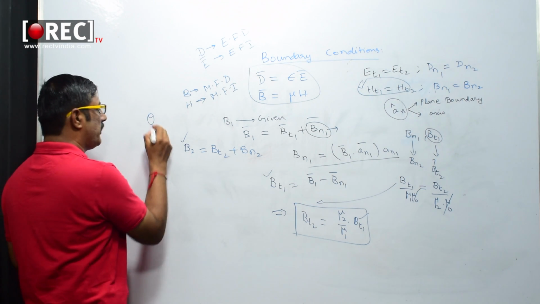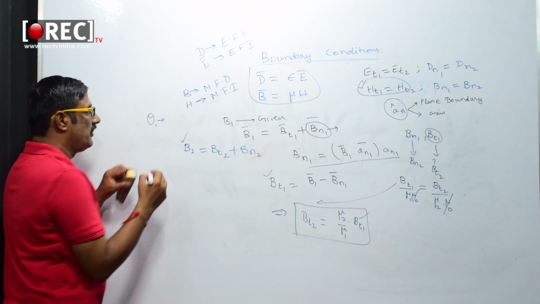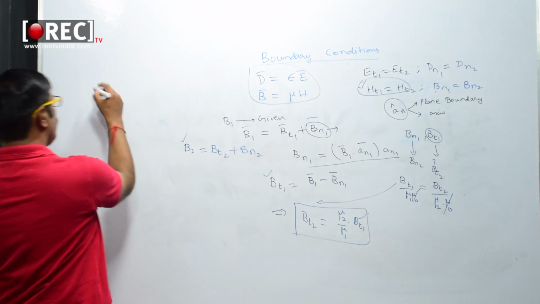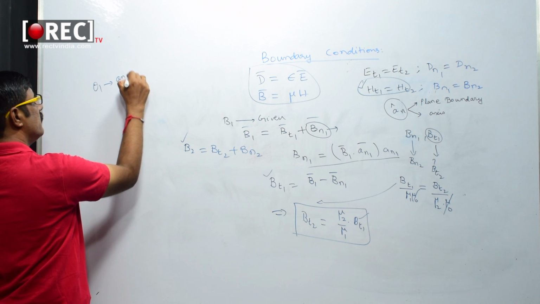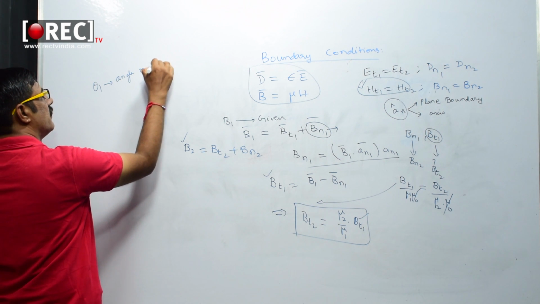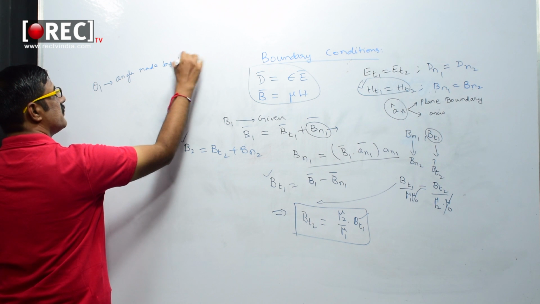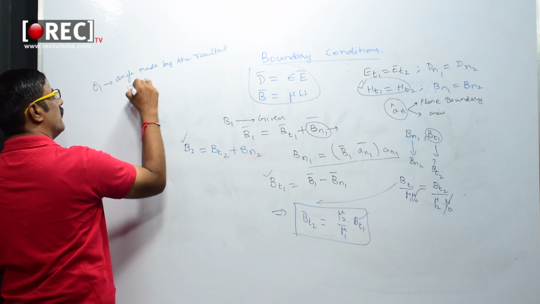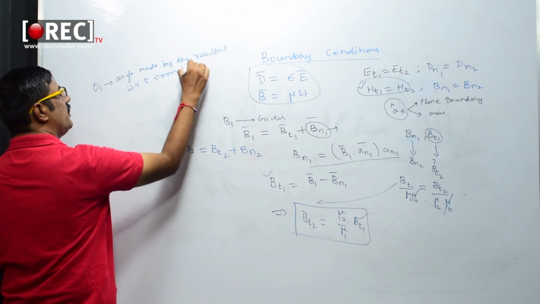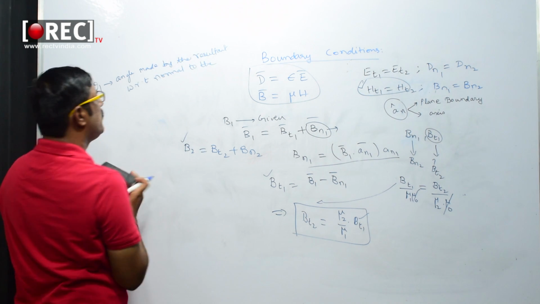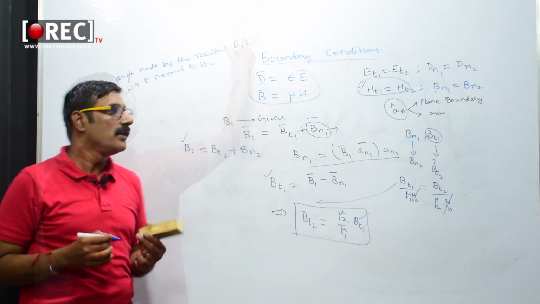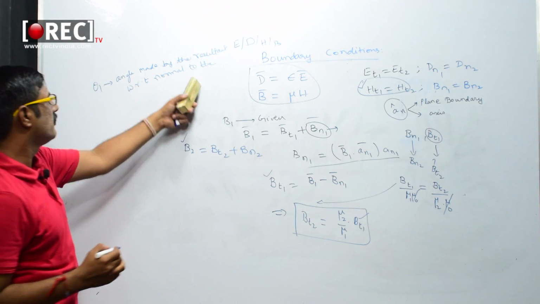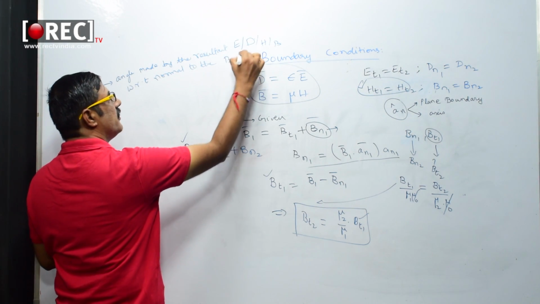Now if I want to determine theta 1, what is theta 1 actually? Let me explain what is meant by theta 1. Theta 1 is the angle made by the resultant field, maybe E or D or H or B, with respect to the normal to the boundary surface.